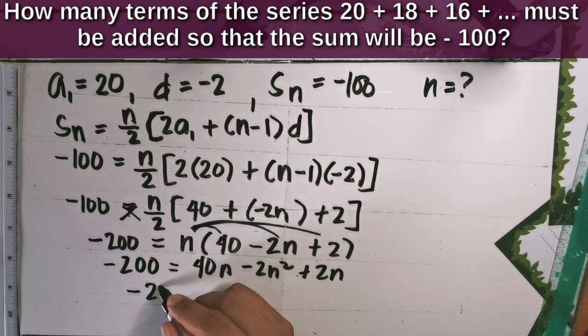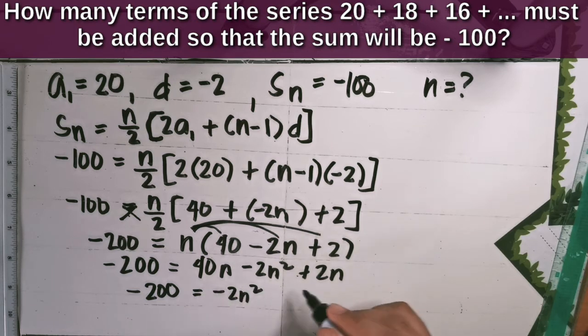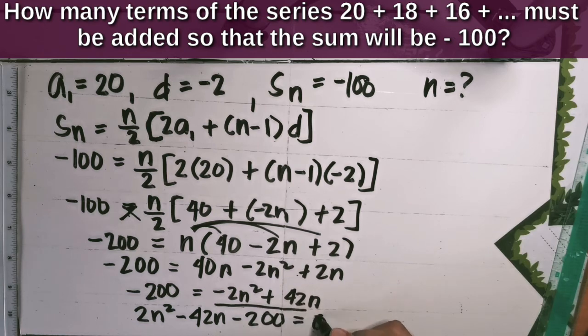That is negative 200 equals negative 2n squared plus 40n plus 2n, which is equal to 42n. Okay, then let's transpose these terms to the other side of the equation. So it will become 2n squared minus 42n minus 200 is equal to 0.